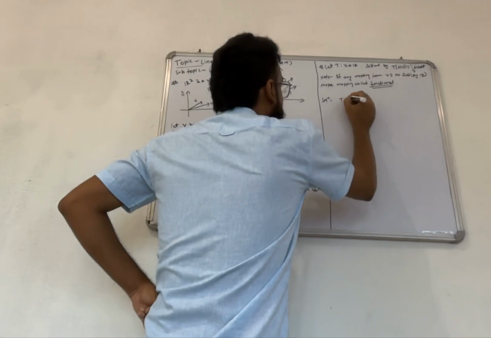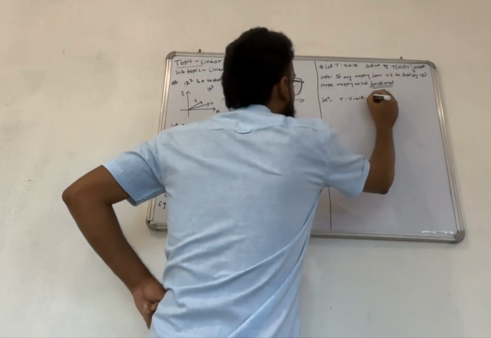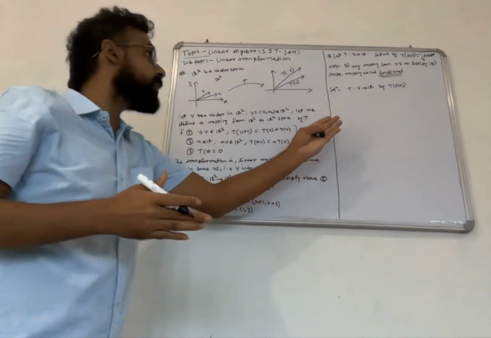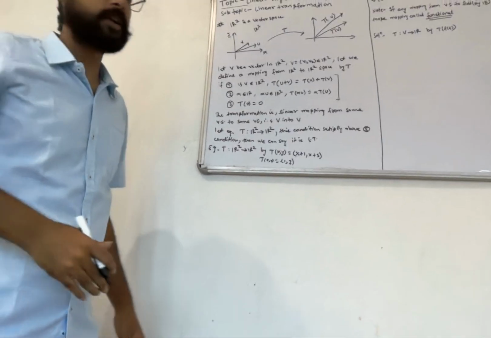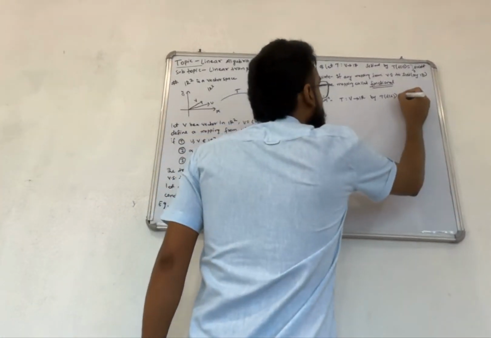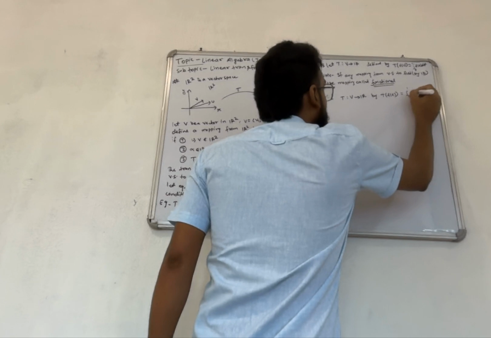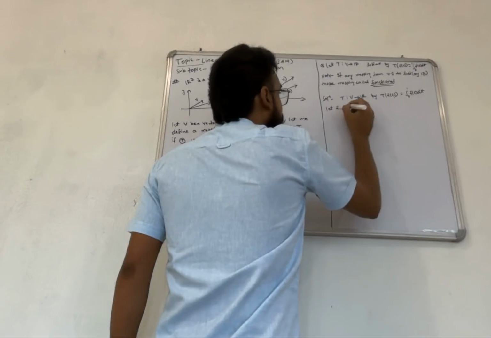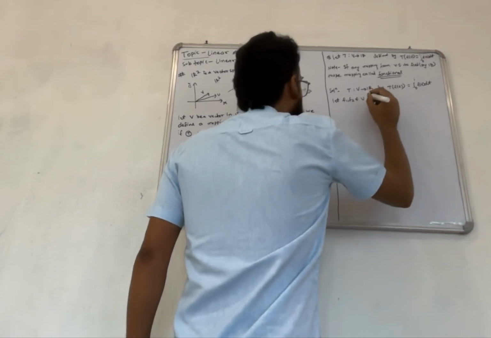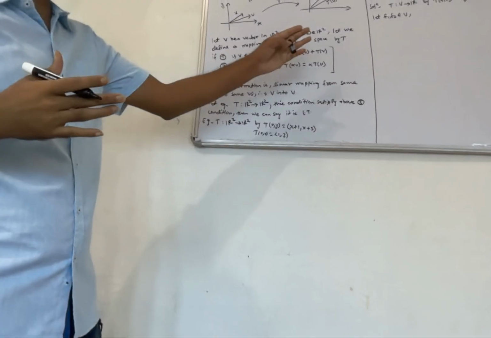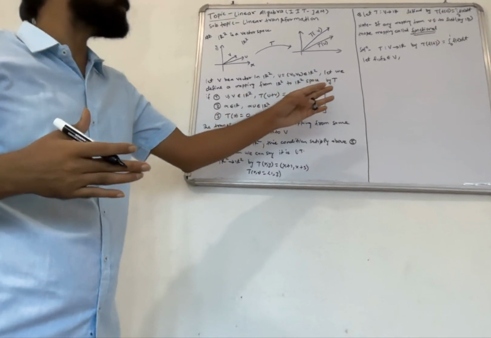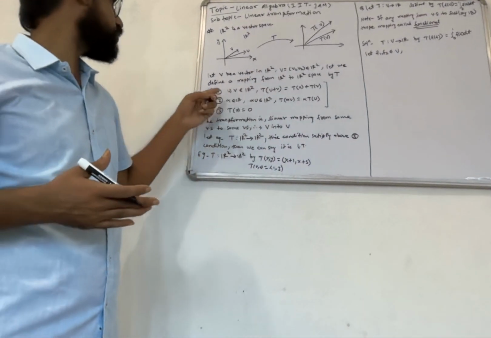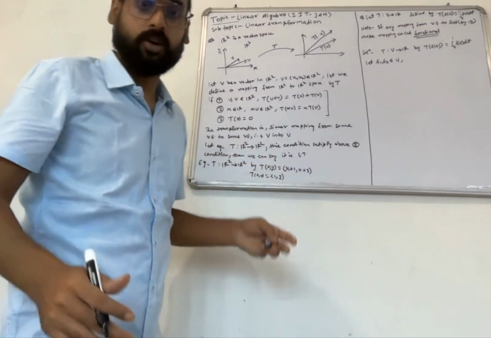So T defines V to R by T of f equals the integral from 0 to 1 of f(t) dt, and obviously f belongs to the vector space V. Let f1, f2 belong to V. So firstly we are going to see whether this mapping T is a linear transformation, that is, whether these three properties are satisfied or not.